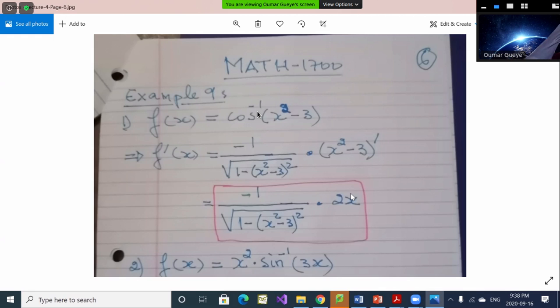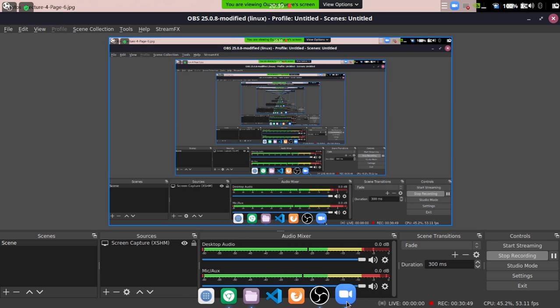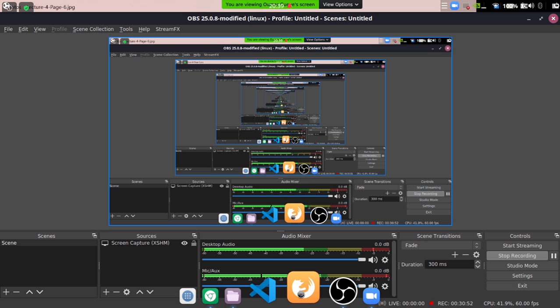Is it okay? Any question? So it means anytime you have to apply the chain rule when you want to differentiate a composite of two functions involving cosine inverse, you use the formula that we've seen previously.